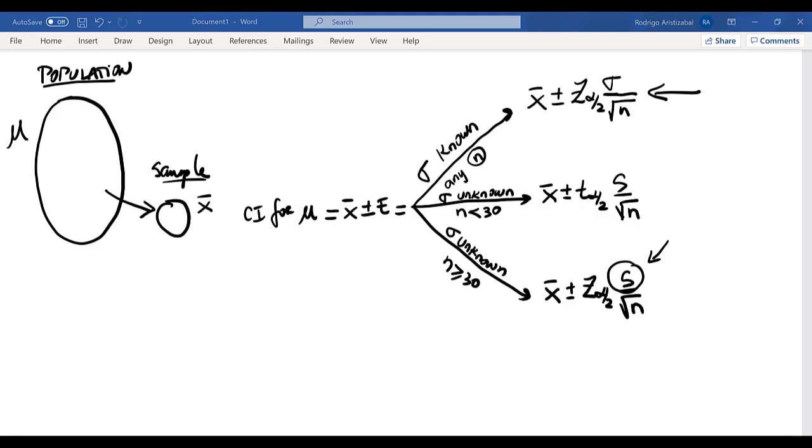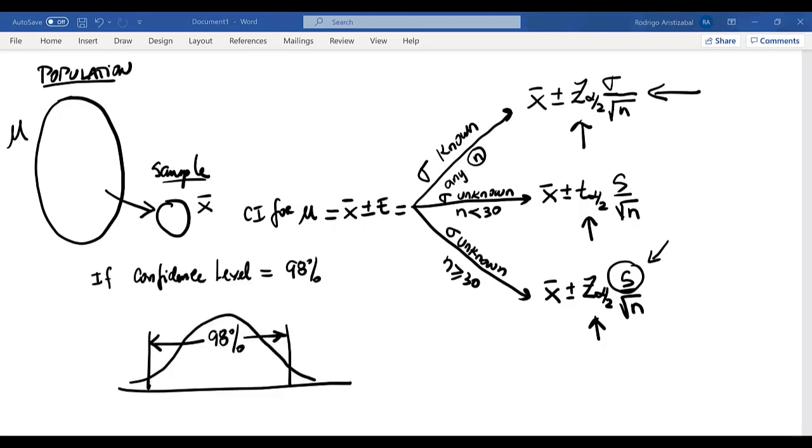The most difficult step in this procedure is to find the critical values. The critical value is obtained from the confidence level. For example, if the confidence level is 98%, the critical values are located here and here, and alpha is equal to 2% and alpha half is equal to 1%.